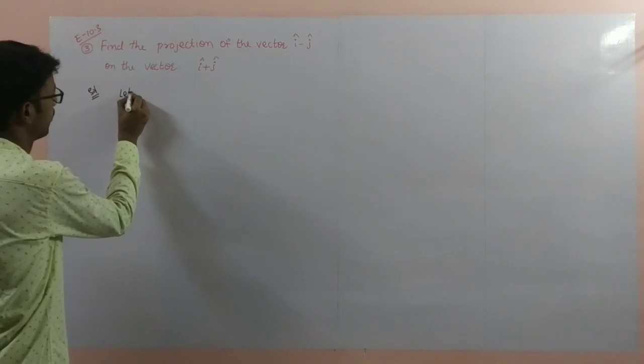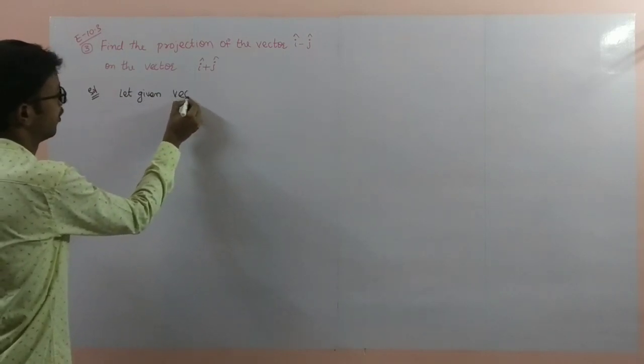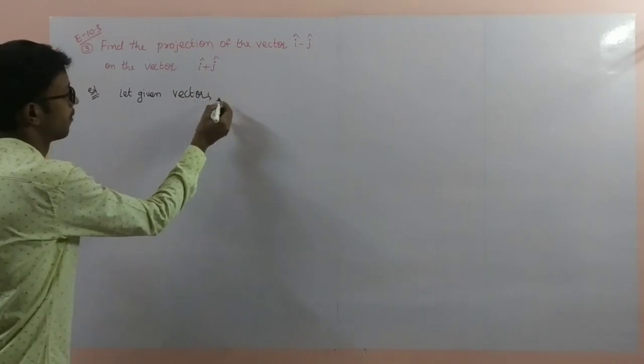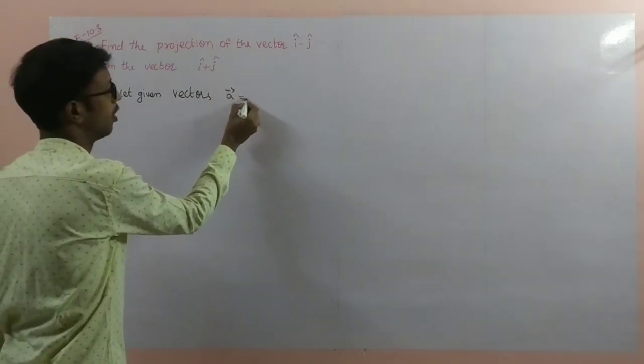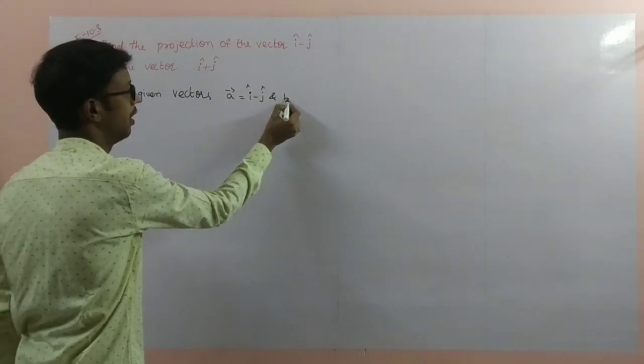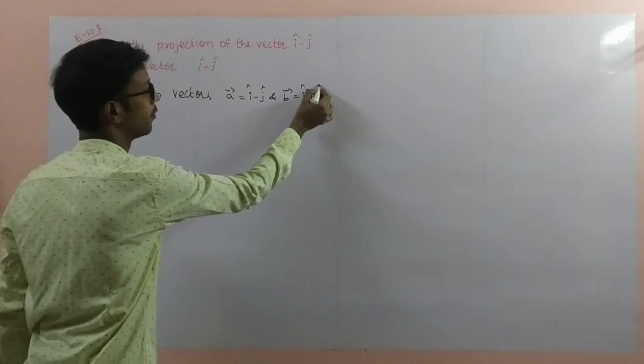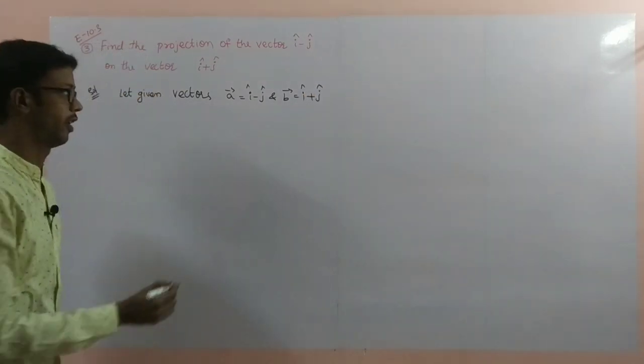Let the given vectors be A bar equal to i cap minus j cap and B bar equal to i cap plus j cap. So these are the two given vectors.